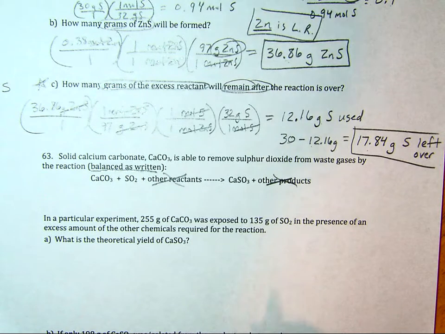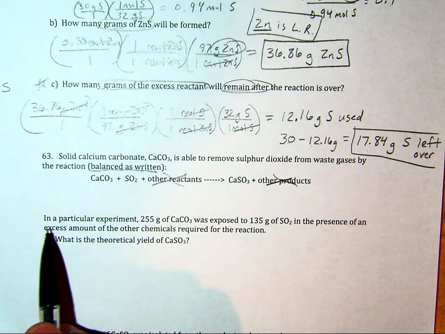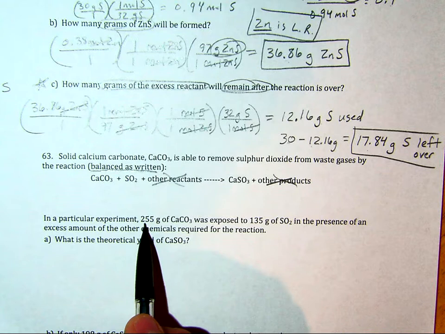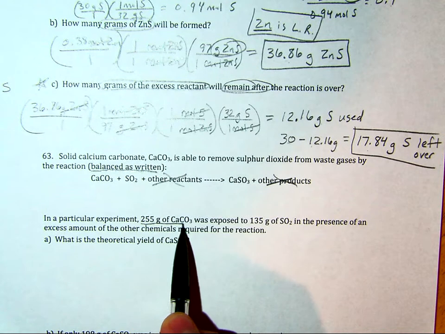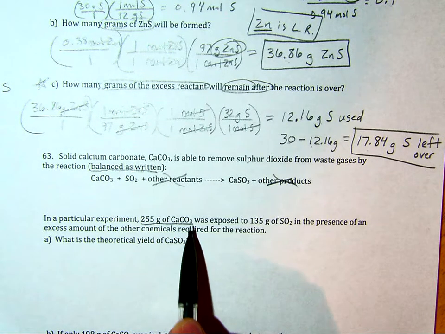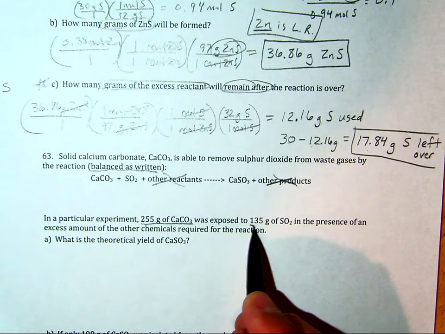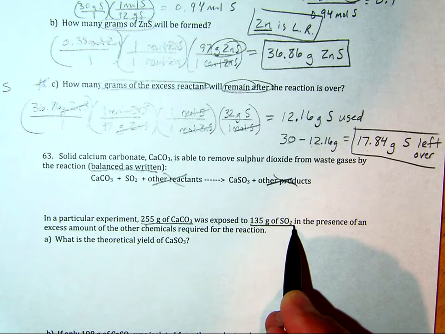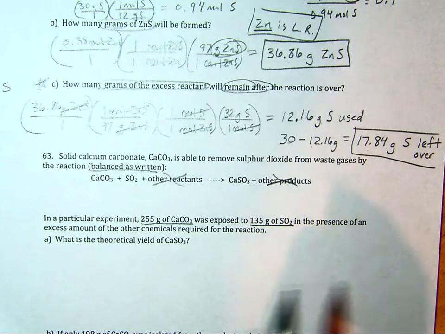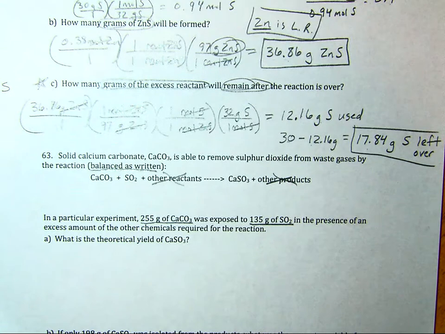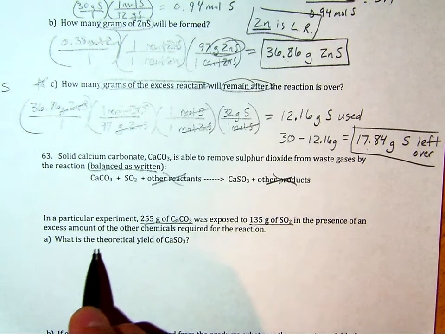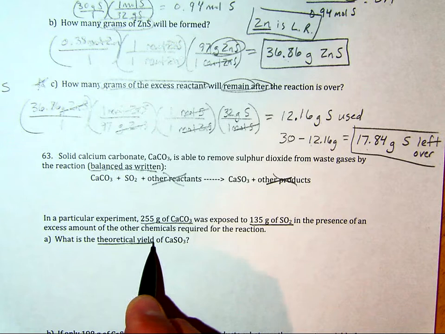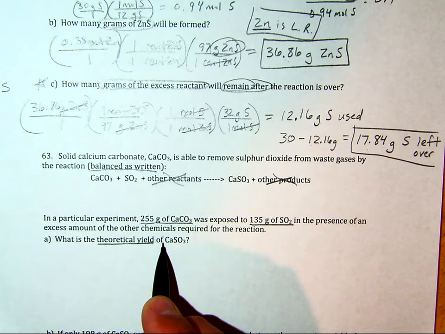Okay, so let's go to the problem. It says, in a particular experiment, 255 grams of calcium carbonate was exposed to 135 grams of sulfur dioxide in the presence of an excess amount of other chemicals required for the reaction. Part A says, what is the theoretical yield of calcium sulfite?